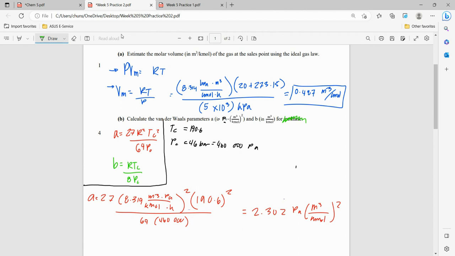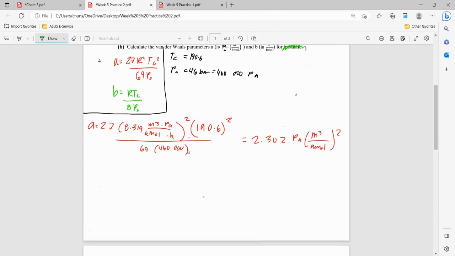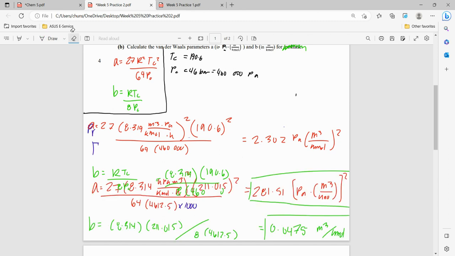Okay, part B. We got our TC to PC, which is equal to 8.314, and this is 190.6 over 8 times, I'm going to turn this just into, whoa, my bad.